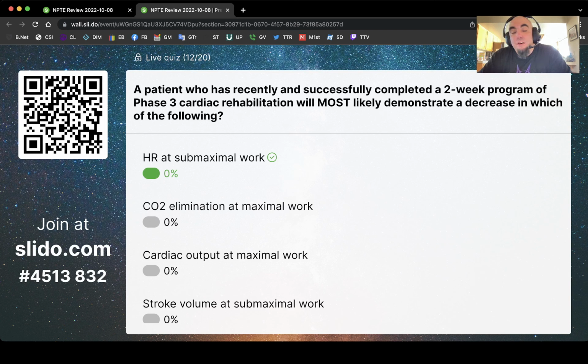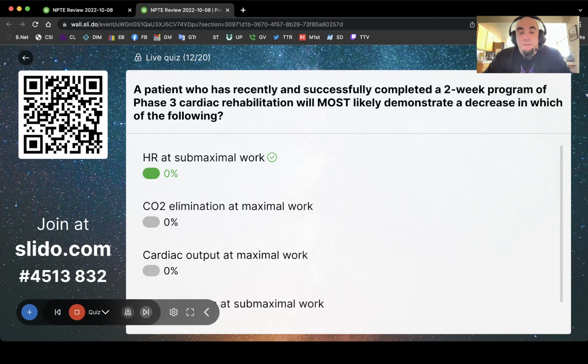If they have a decrease in carbon dioxide elimination after maximal work, we got a problem, right? That means that they're building up carbon dioxide more than that. They shouldn't have a decrease in cardiac output. Actually, the cardiac output should go up slightly if they're in phase 3 of rehab. And stroke volume should slightly increase as well, so they should be improving, right? And the main sign there of improving is the heart rate at submaximal work.